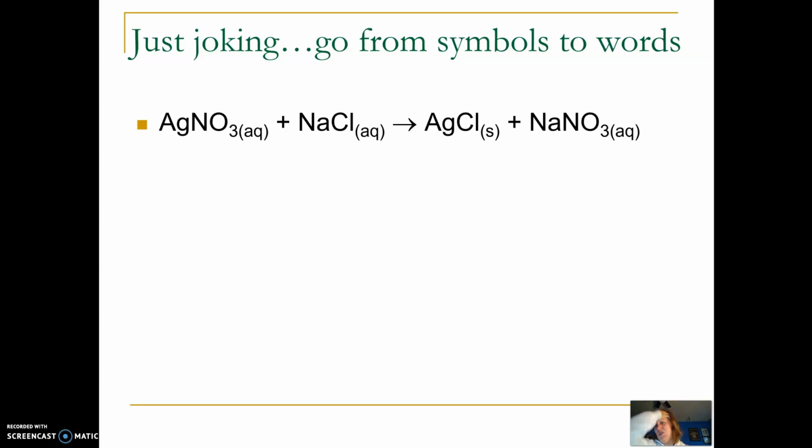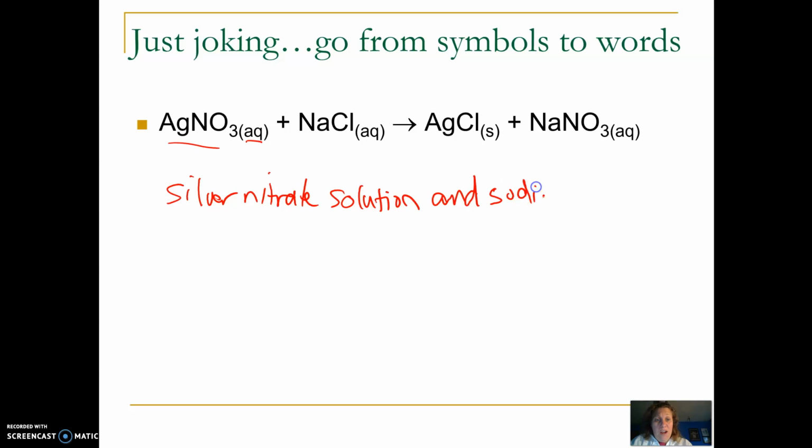It doesn't have to be long, the symbols just tell you what it is. So you can say aqueous silver nitrate. I'm going to write AQ, and you can just write silver nitrate, and AQ means solution. And sodium chloride, also AQ, also solution.